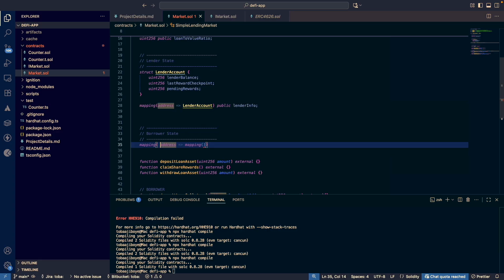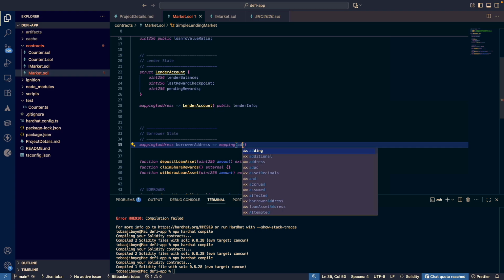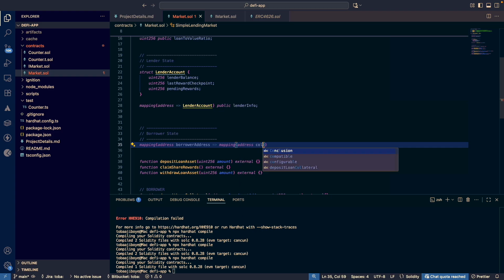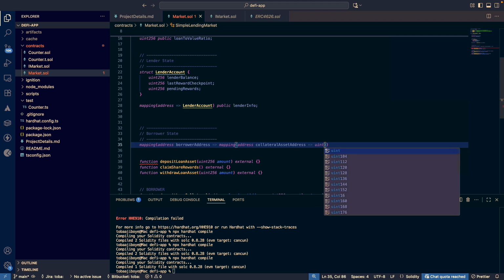Okay, let me take this out. So let's call this borrower address, and the mapping is address. This is collateral asset address to amount, okay?